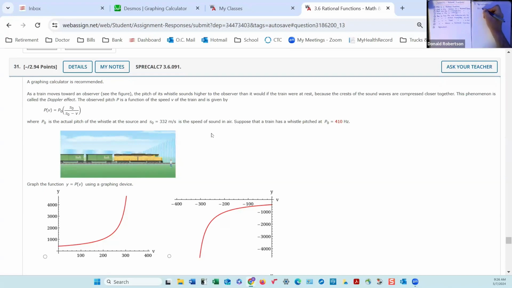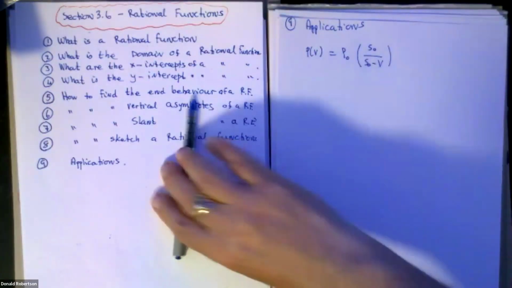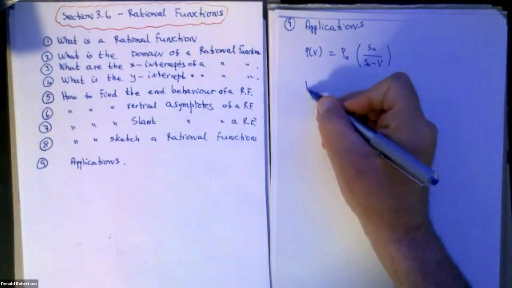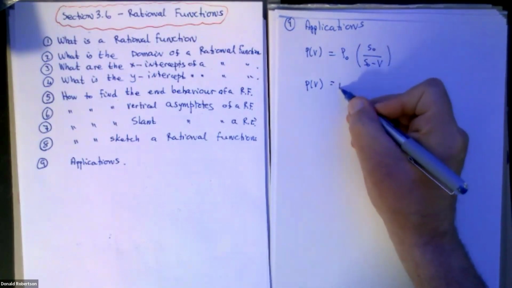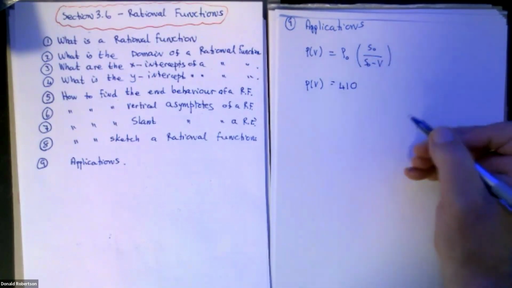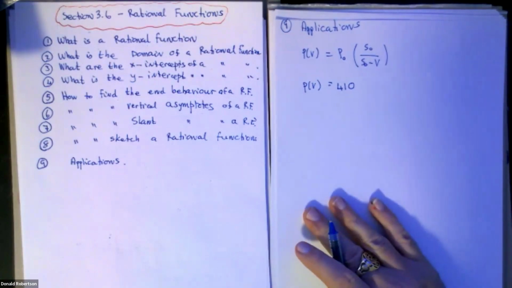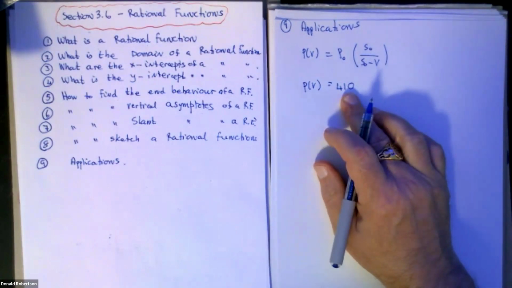And the formula for it is given as P naught, S naught over S naught take away V. And I am now going to return the screen and add information to that. P naught is the initial pitch of the train whistle. So if you had a whistle on a train that was very high pitched, that would be 2000.